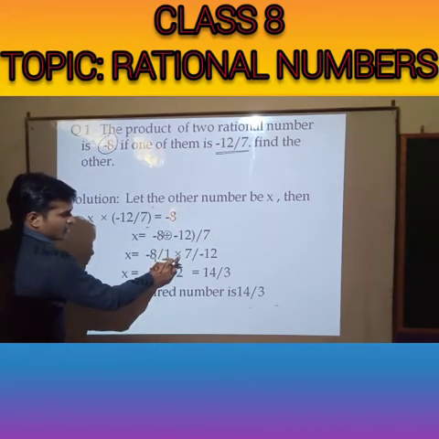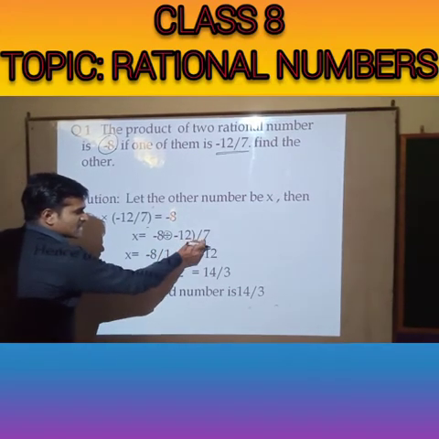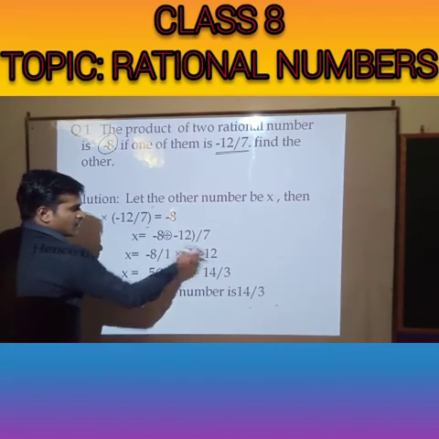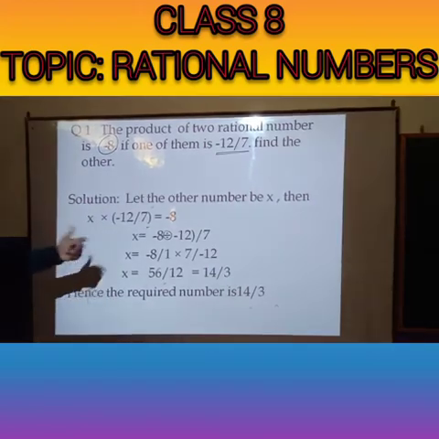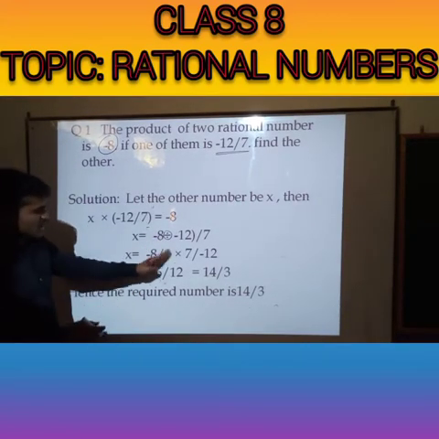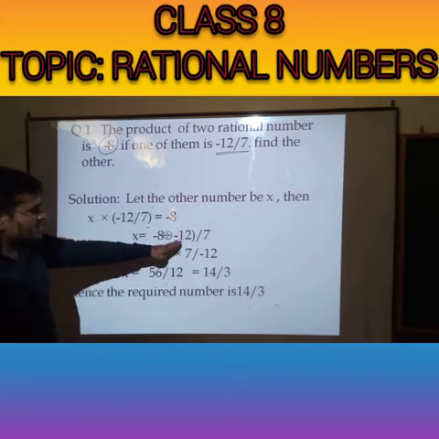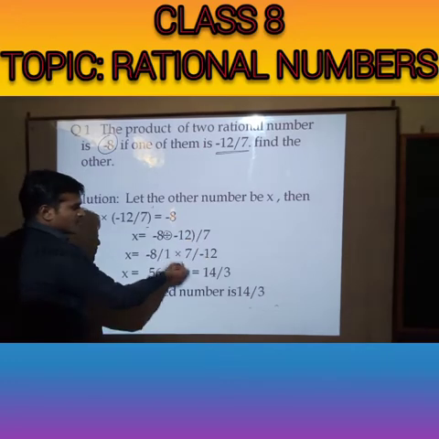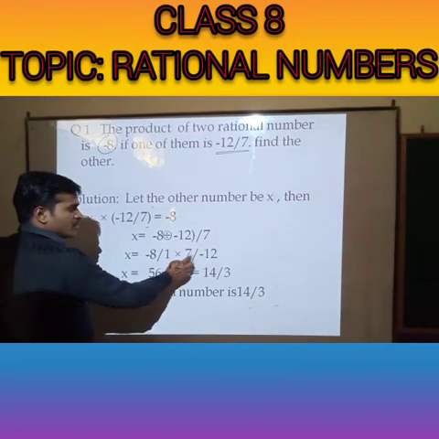So now x is equal to minus 8 into the reciprocal of minus 12 upon 7, which is 7 upon minus 12. When we change the sign, the division sign is replaced by multiplication. So we have to write the reciprocal of the divisor. Here the divisor is minus 12 upon 7, so the reciprocal of minus 12 upon 7 is 7 upon minus 12.